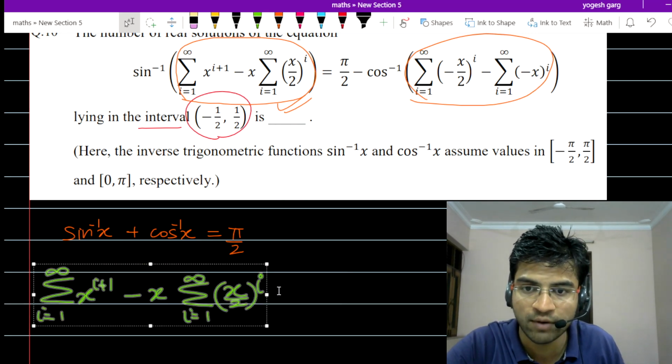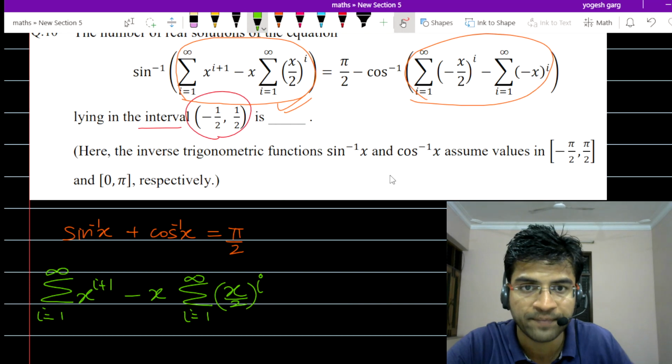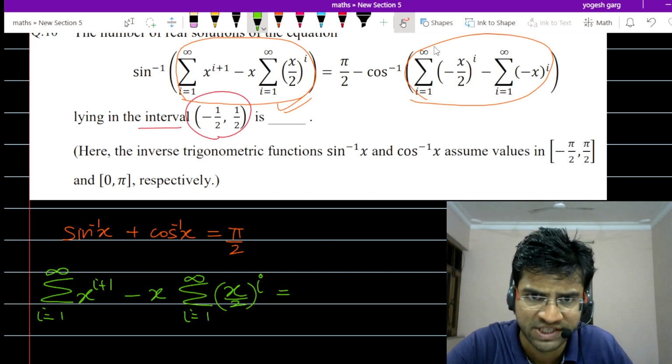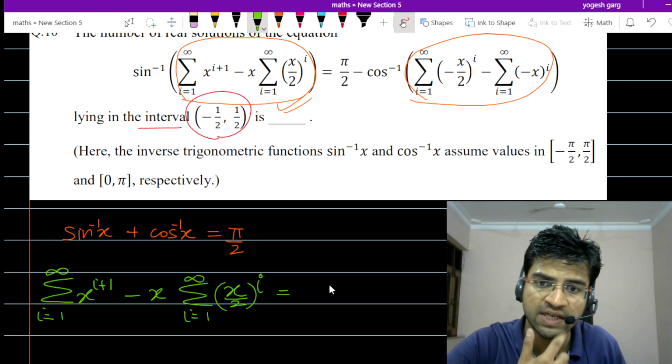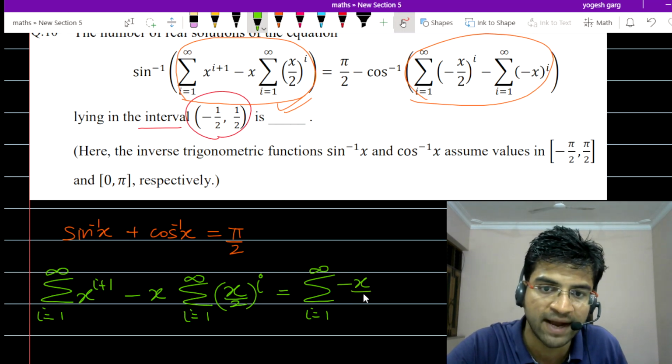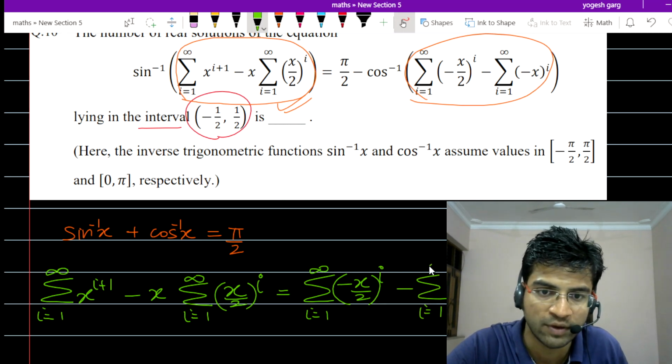So this is equal to this particular expression, which is in the brackets of cos inverse. So this is equal to sigma i equals 1 to infinity minus x by 2 to the power i minus sigma i equals 1 to infinity minus x to the power i.